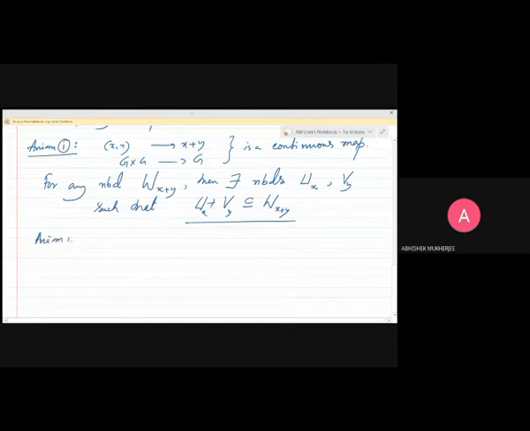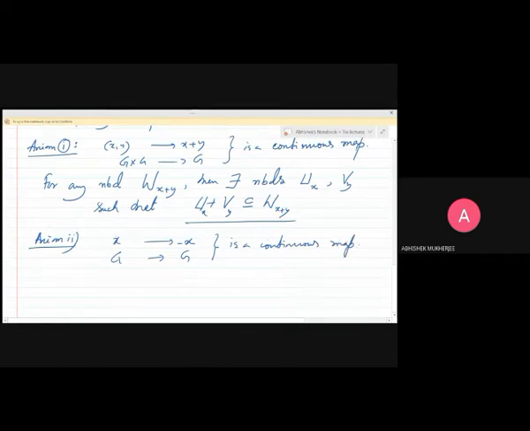And axiom 2 tells you that the map which sends x to minus x, that is a map from G to G, is a continuous map.